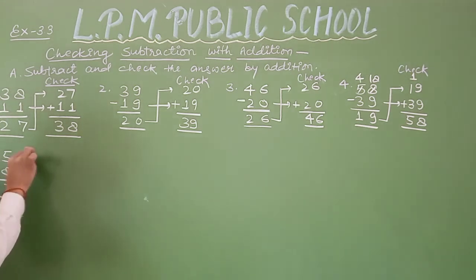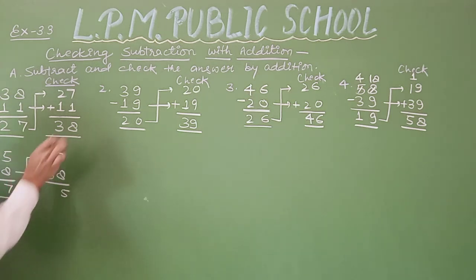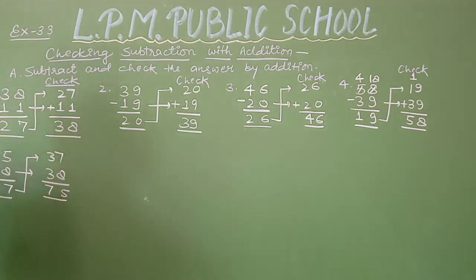That is, the difference is 37. And the smaller number is 38: 8 plus 7 is 15, 1 carry, and 3 plus 3 plus 1 is 7. That is 75, the bigger number.